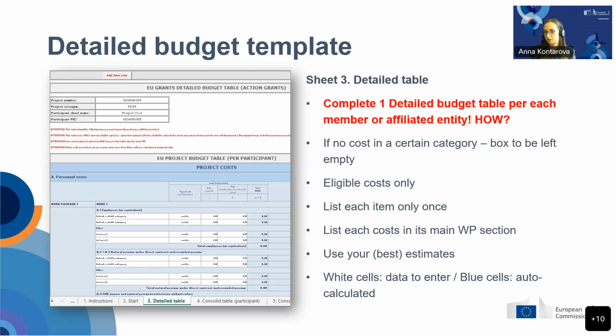Then in the budget table, you will have to fill in only eligible costs. Each item should be listed only once in its main work package section. Please use your best estimates, and a tip: if you see a white cell, there you need to enter the data and the blue cells are automatically calculated.